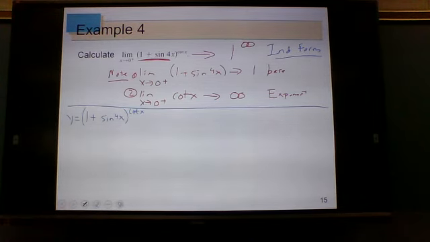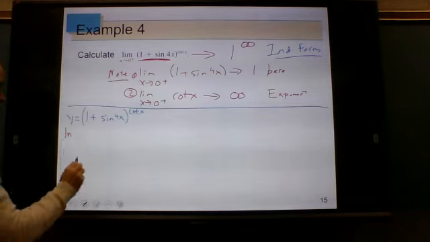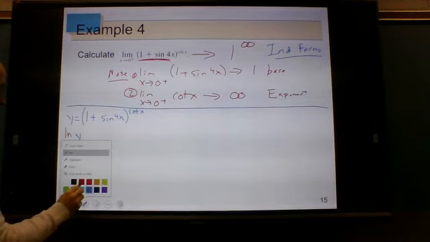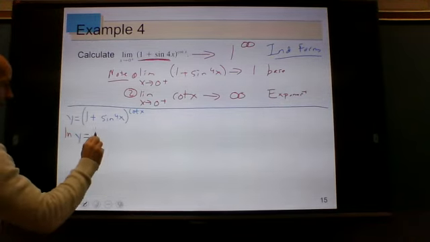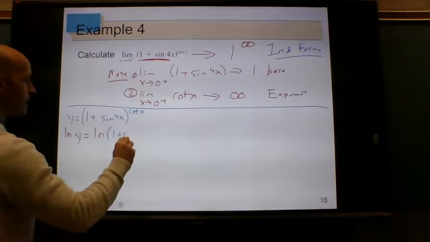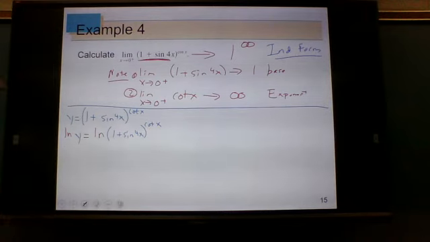What I'm going to do right now is take the ln of both sides. So I'm going to have the ln of y equals the ln of all of this stuff, which is 1 plus sine 4x to the cotangent x. So I am taking the ln of both sides per that last slide I just mentioned.